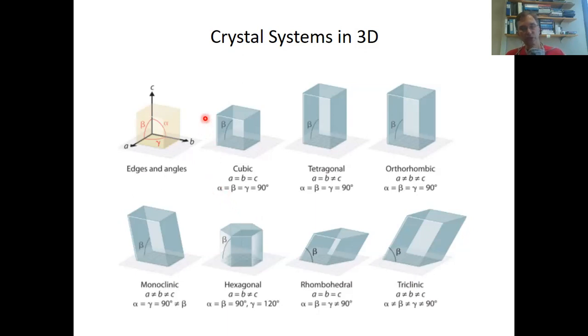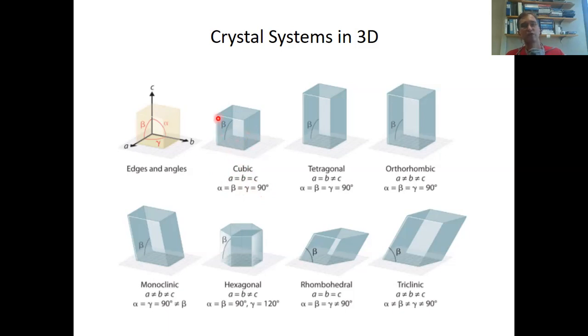The crystal system with the highest symmetry is the cubic crystal system. In 3 dimensions, we have 3 lattice parameters, A, B, and C. For a cubic crystal system, A is equal to B, which is equal to C, and the angle in between A, B, and C is equal to 90 degrees.